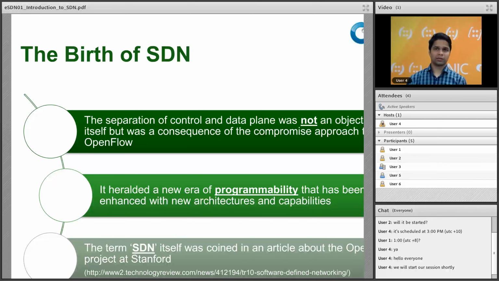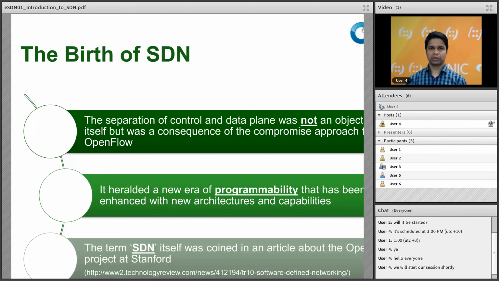Now, if you look at the bigger picture of SDN, how it came about: the separation of control plane and data plane was not an objective in itself, but was a consequence of a compromise approach taken by OpenFlow, right?